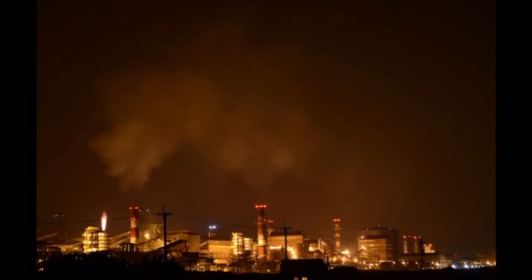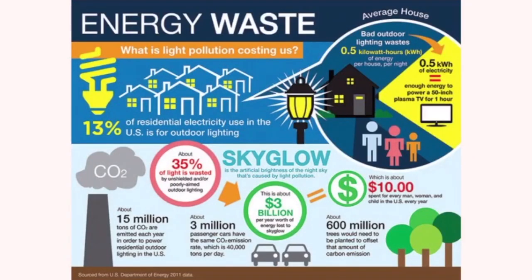Light pollution also causes energy waste, which has huge economic and environmental consequences. For example, IDA estimates at least 13% of outdoor lighting in the US is wasted. That adds up to 3.3 billion dollars and the release of 21 million tons of carbon dioxide per year.